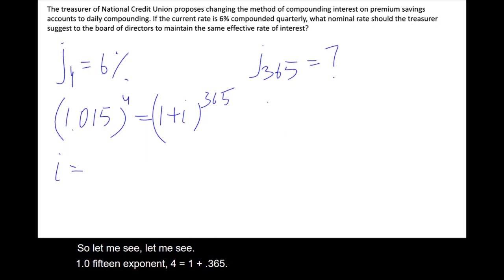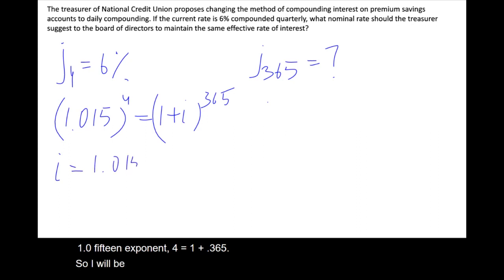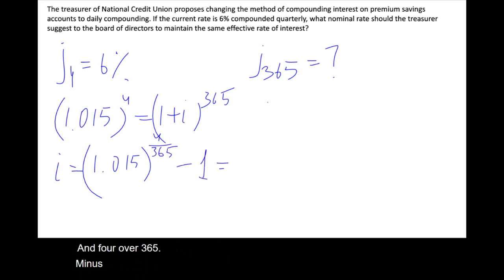So i will be 1.015 exponent 4 over 365, minus 1. That is our equation.